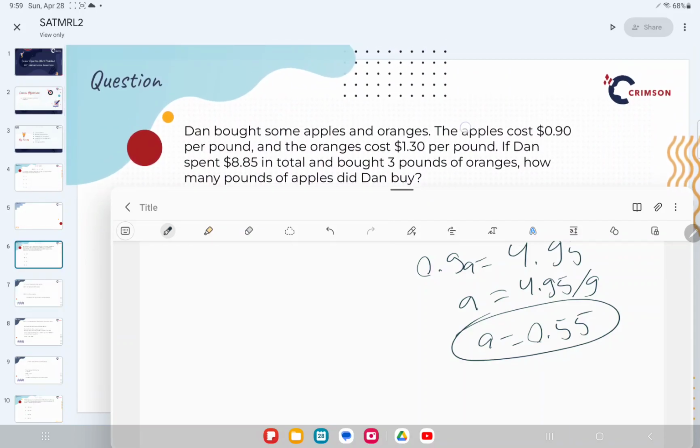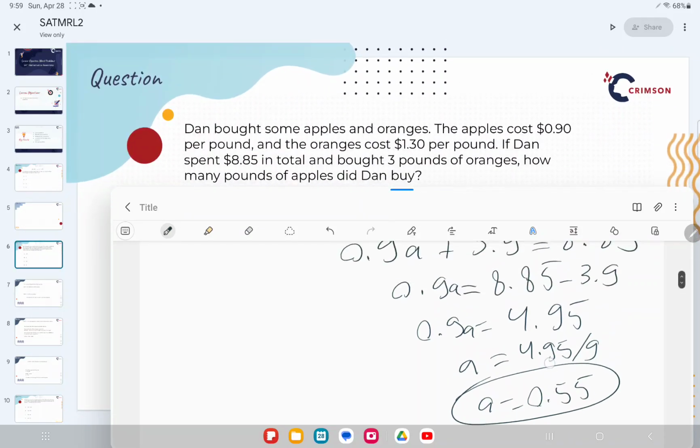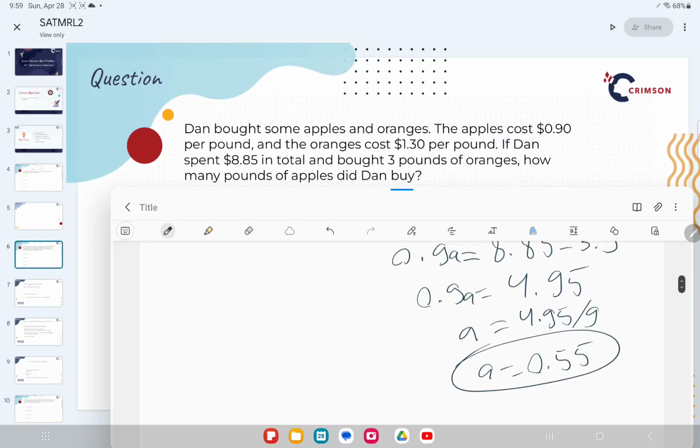Did I do something wrong here? Yeah, not over 9. Sometimes calculation errors occur. Let's use my mistake to explain something.